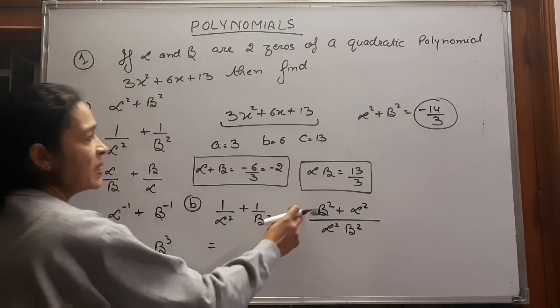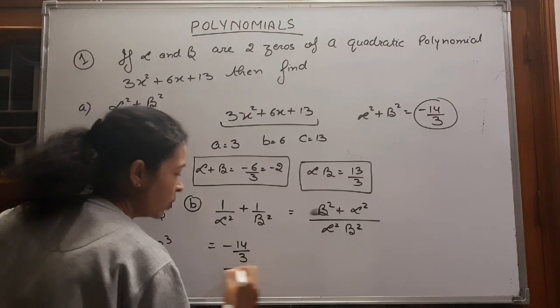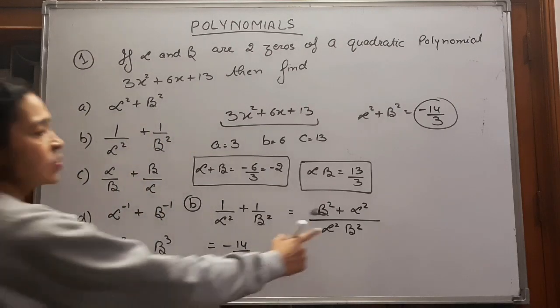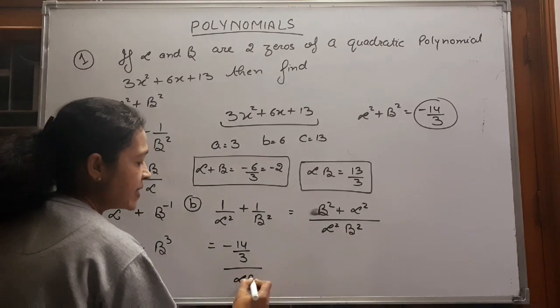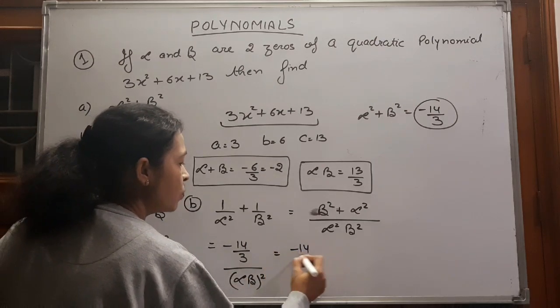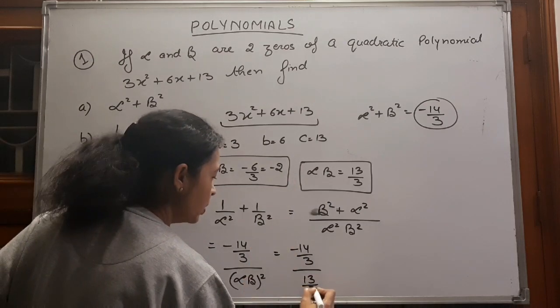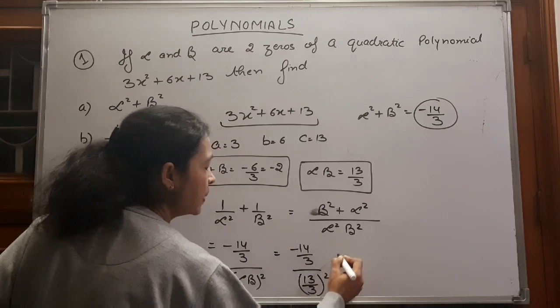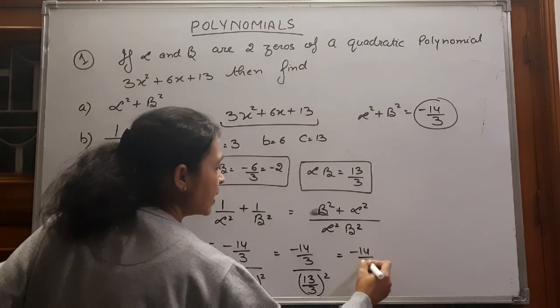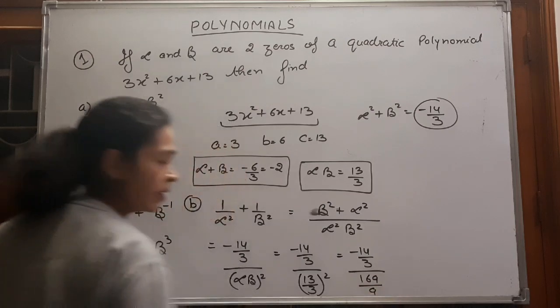What is beta square plus alpha square? Minus 14 by 3 upon alpha square beta square. This can be written as alpha beta whole square, which equals minus 14 by 3 upon 13 by 3 whole square, which is minus 14 by 3 divided by 169 by 9.